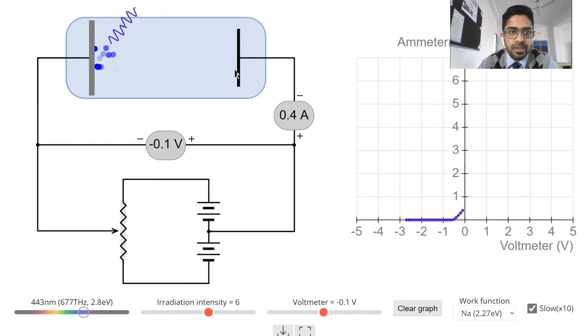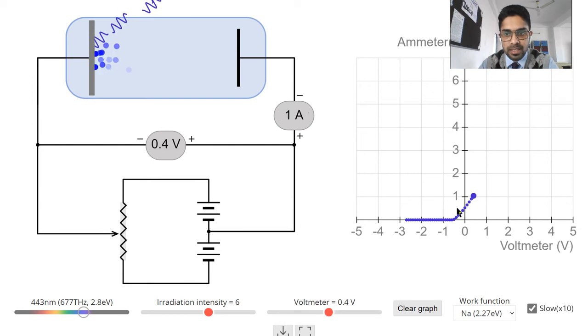The collector plate is negative. It is trying to repel the electrons, but still the electrons are managing to reach the collector plate. How? Because now the electrons have some extra kinetic energy, 0.53 electron volt, right? Using this extra energy, the electrons are able to overcome the repulsion of the collector plate, and as a result they can reach the collector plate easily. So that's why we can see a rising current in this case.